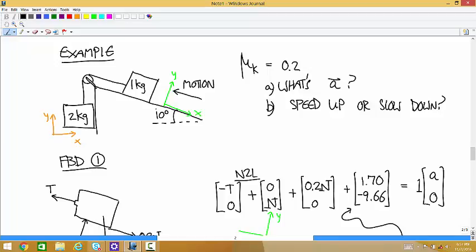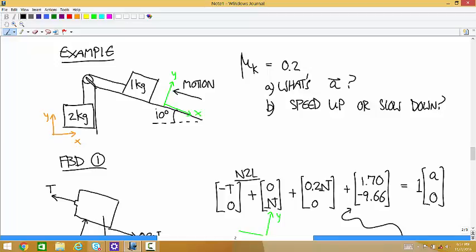Okay, right. So this is the thing that matters here: if we have a positive value of a, the acceleration vector is in the positive x direction. So a positive value of a means this box is moving down the ramp, and so a positive value of a has to mean that this box is moving up.